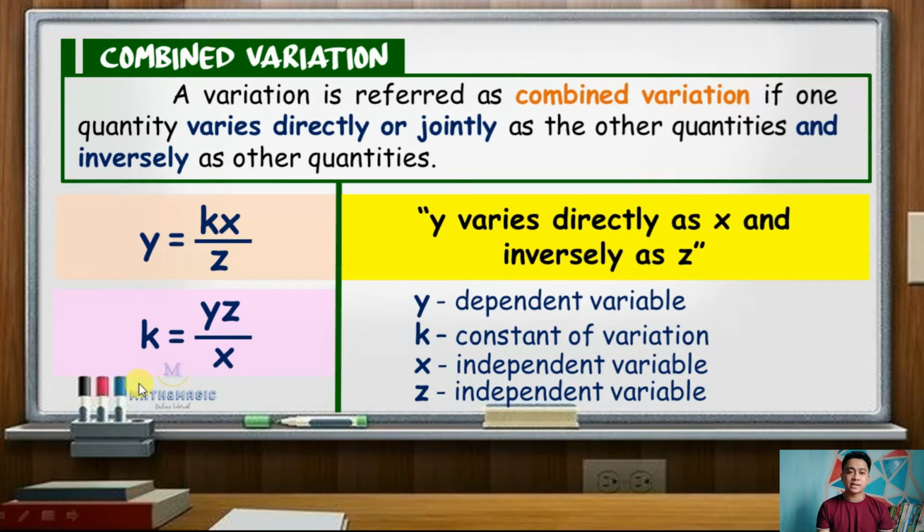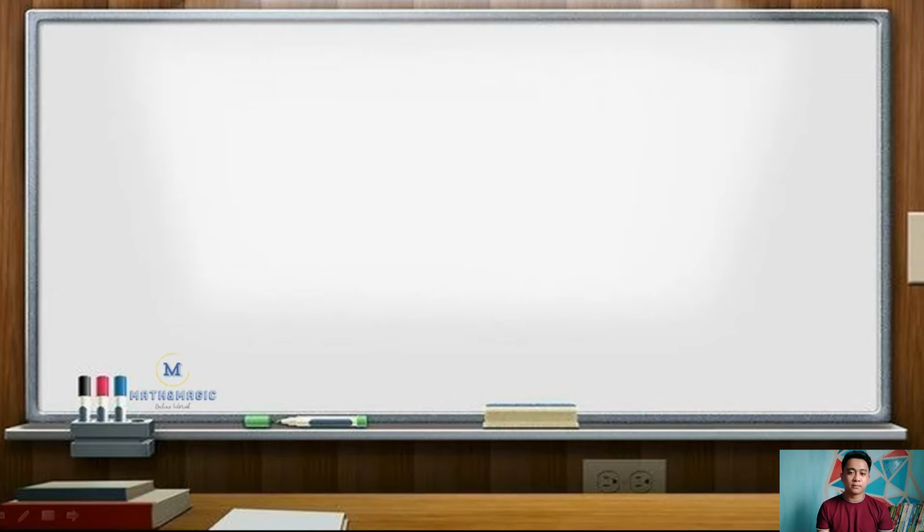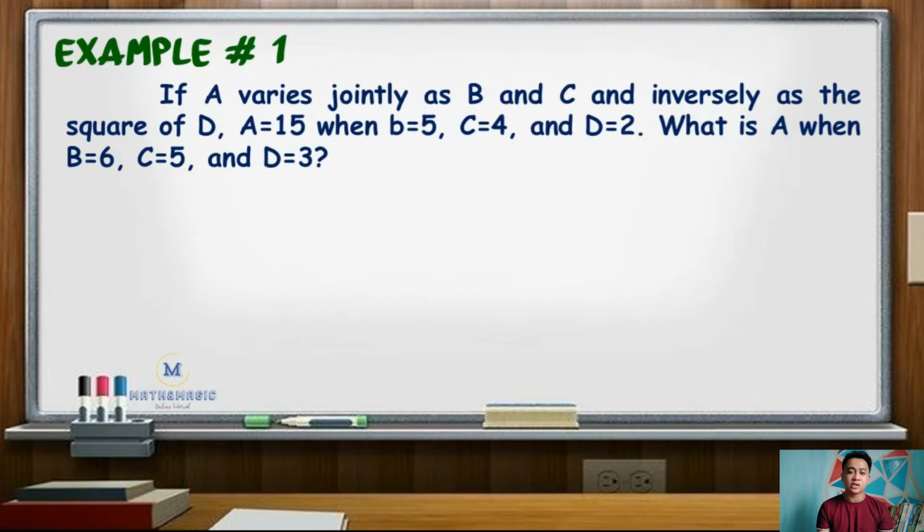Now, to better understand this variation, here is our first example. If A varies jointly as B and C and inversely as the square of D, A is 15 when B is 5, C is 4, and D is 2. What is A when B is 6, C is 5, and D is 3?